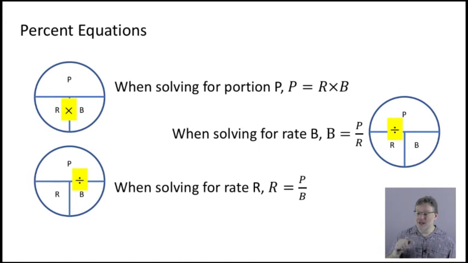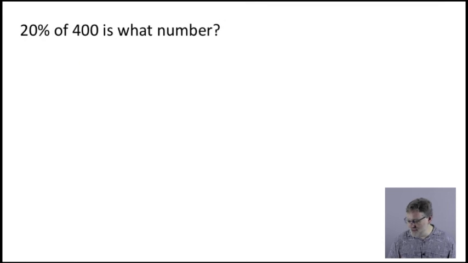That's the first circle. The second circle shows that when you're finding base, you take portion and divide it by rate. The third circle shows that when you're finding rate, you take portion and divide it by base. That's basically the idea here. And again, rate is expressed as a non-percentage. That's very, very important.